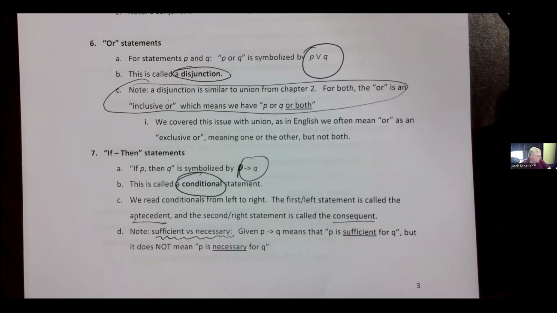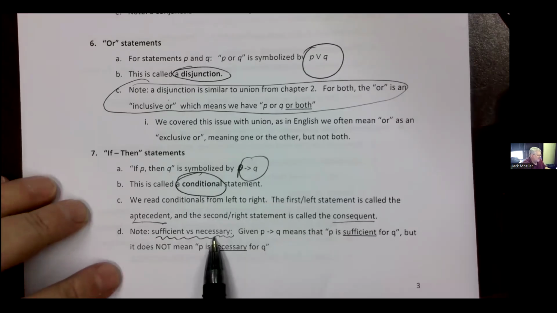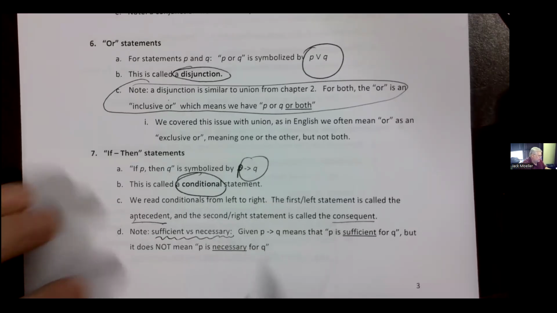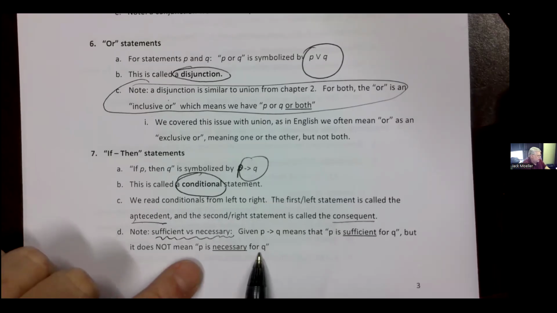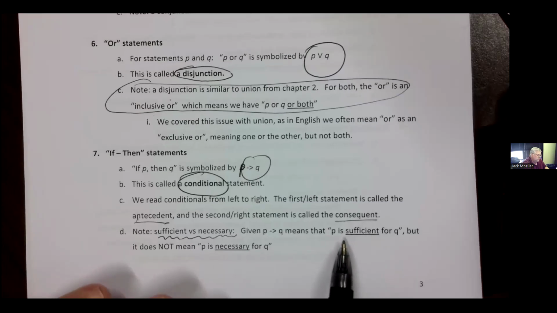The best way to explain this: if P is necessary for Q, that means Q cannot happen unless P happens. The first condition has to happen for the second condition to exist. So that's a very strong requirement.